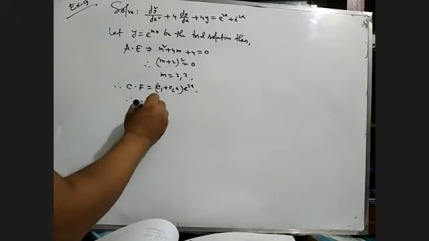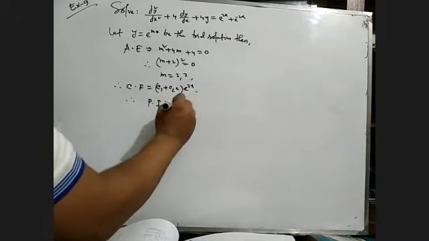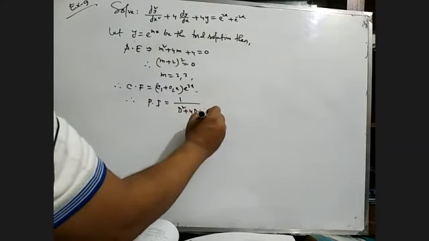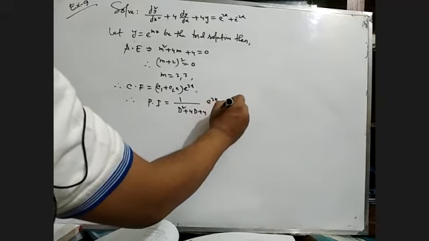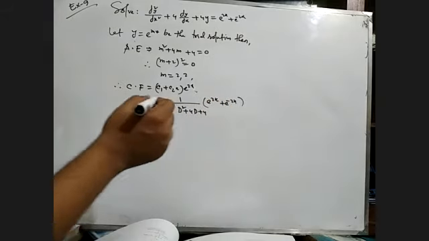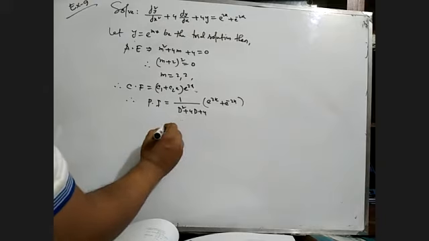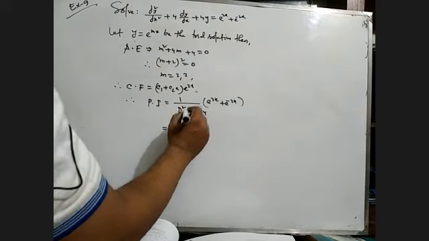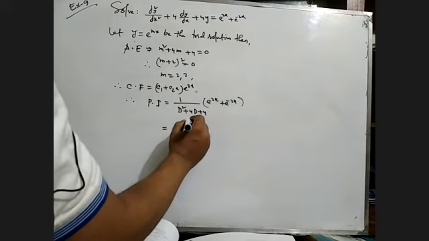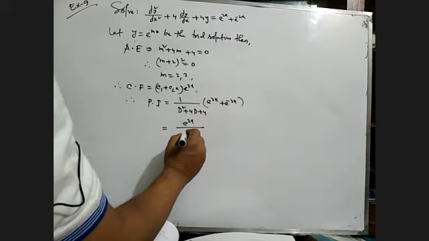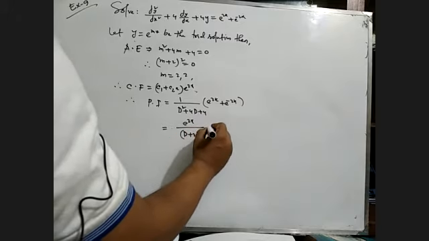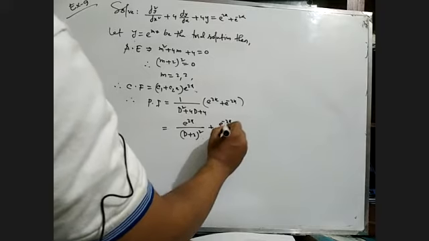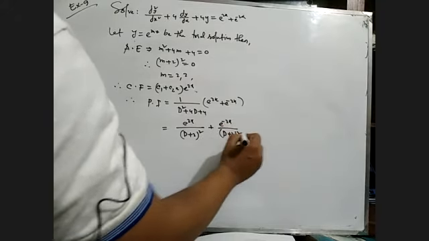Now, what will be the particular integral? Particular integral is 1 divided by f of D, acting on e to the power 2x plus e to the power minus 2x, where (D square + 4D + 4) is the operator, and D means d by dx, the differential operator. So we can write e to the power 2x divided by (D+2) whole square plus e to the power minus 2x divided by (D+2) whole square.